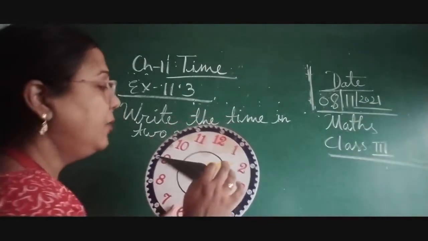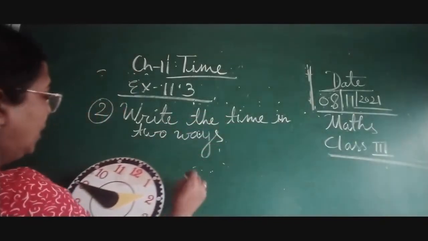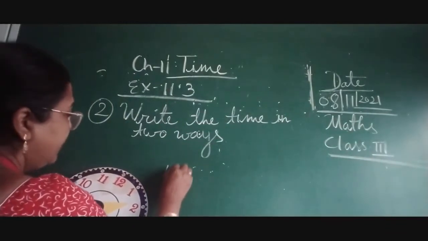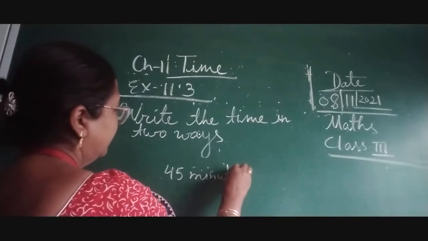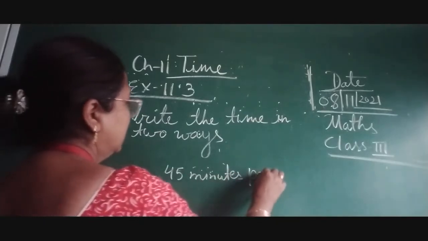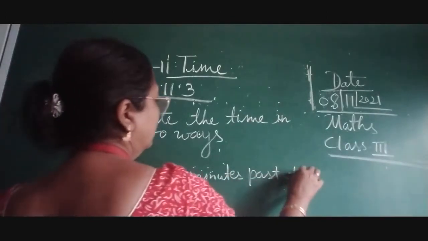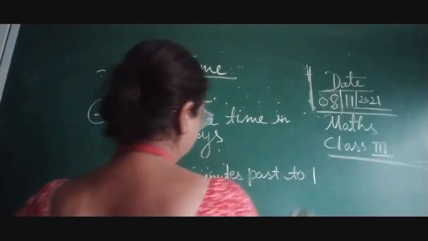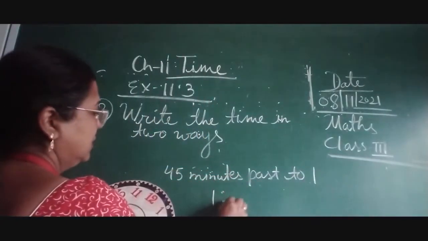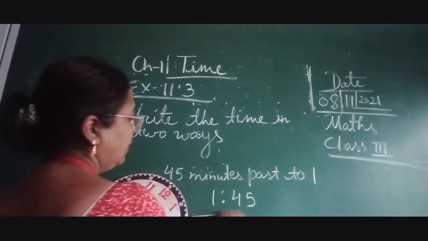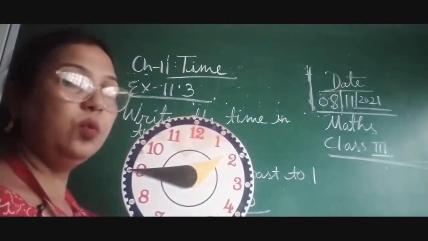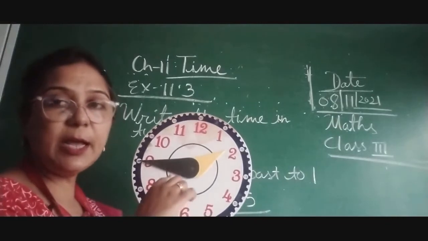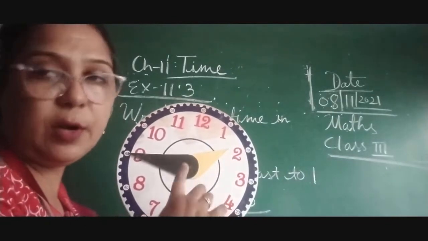But here we are going to write that is 45 minutes past 1. Okay, it means here this is 1:45. It means this is quarter to 2, but it is considered in the minutes, so this is 1:45.